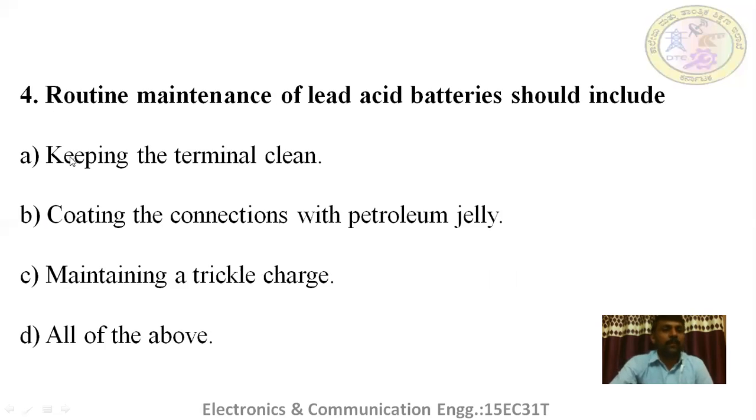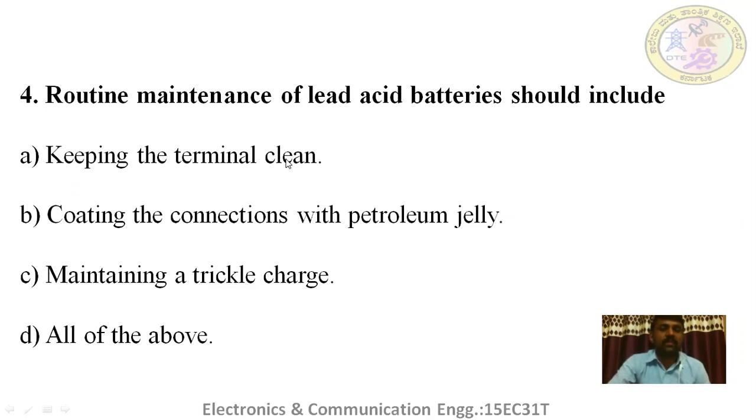The fourth one. Routine maintenance of lead acid batteries should include: keeping the terminals clean, coating the connections with petroleum jelly to protect against corrosion, maintaining a trickle charge, or all of the above.